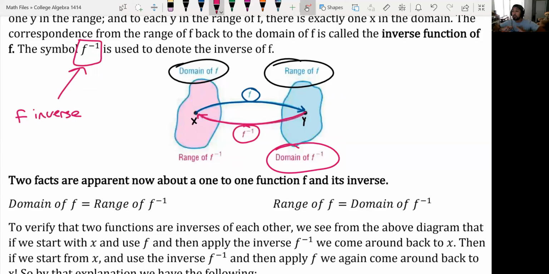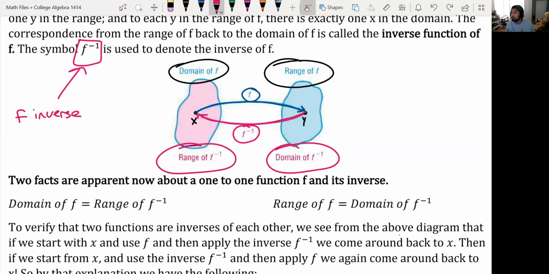So the range of the original function now becomes the domain of the inverse function. And once we go from the domain of the inverse to the range of the inverse, another fact is apparent. The domain of the original function becomes the range of the inverse.